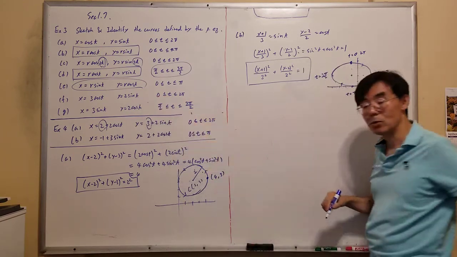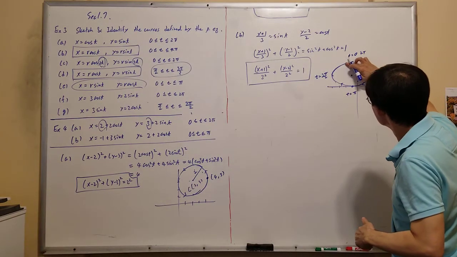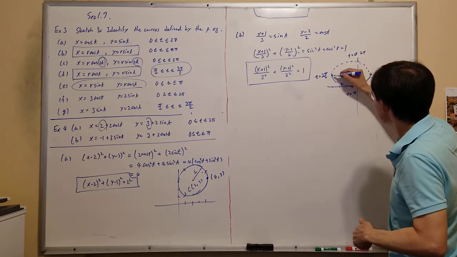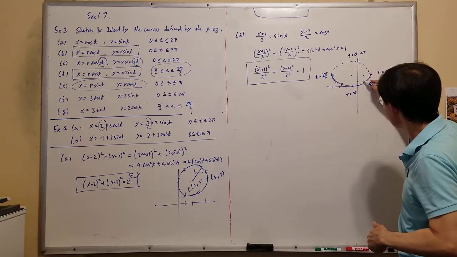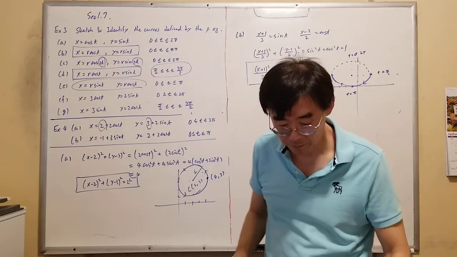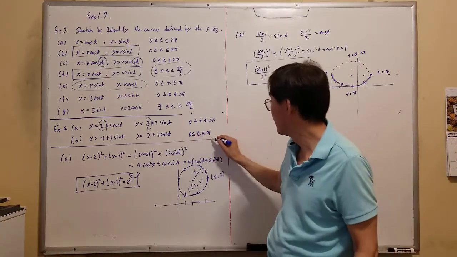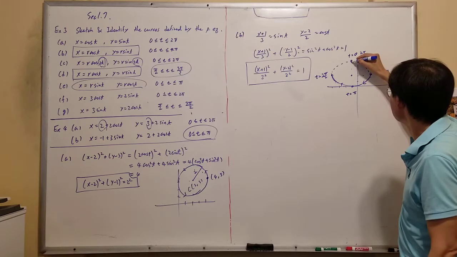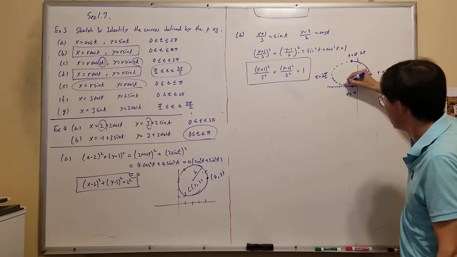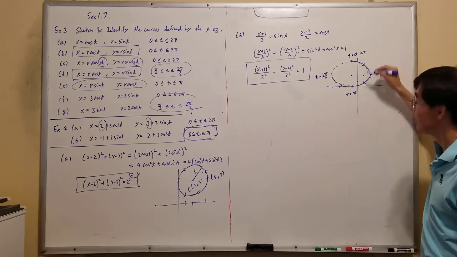But this one is from pi over 2 to 3 pi over 2... Okay? Going clockwise. I'm sorry, it's 0 to pi. Sorry about that. I just misread this one. No, this is 0 to pi. Then this is going to be the right half.